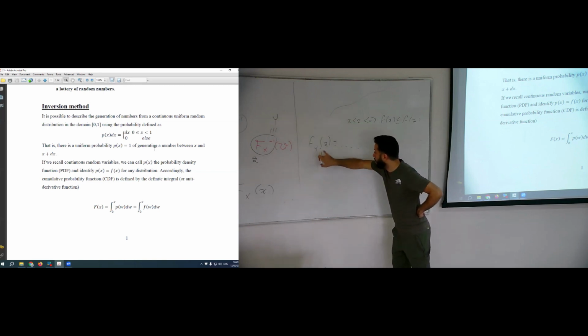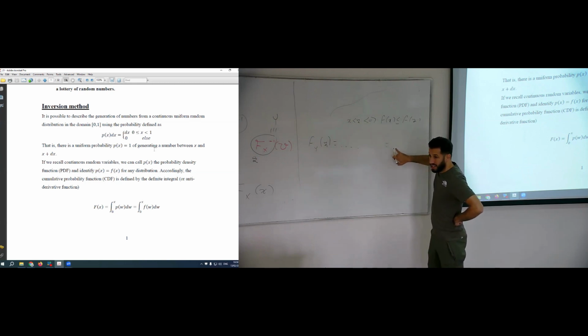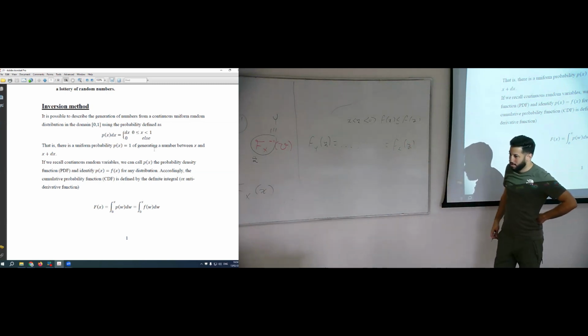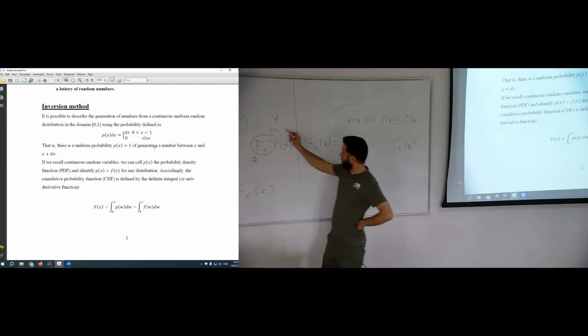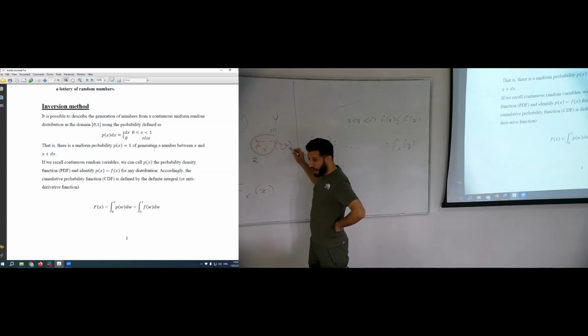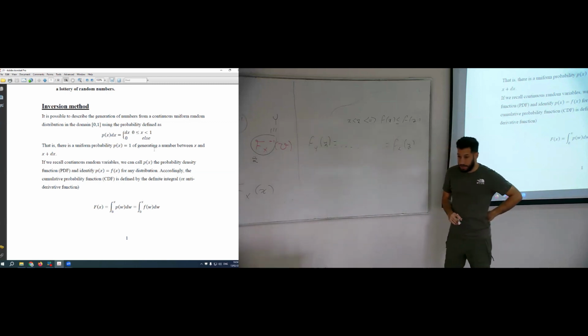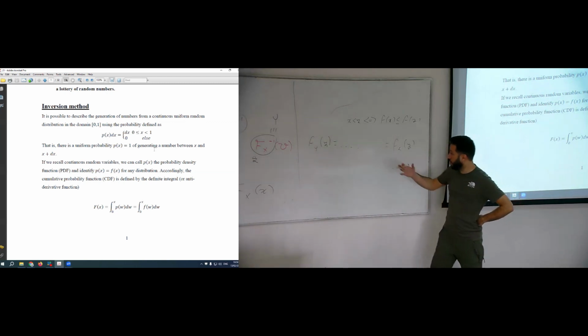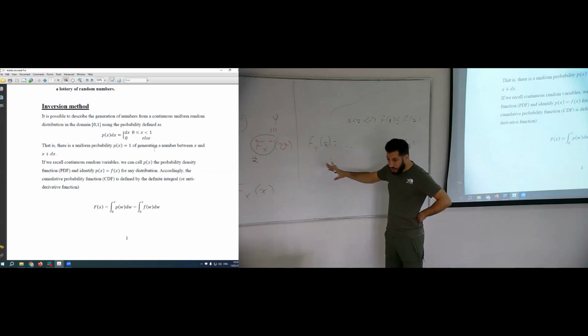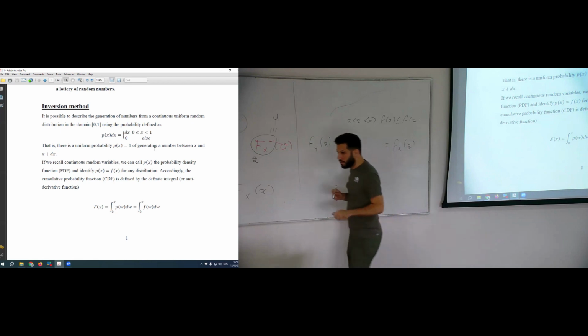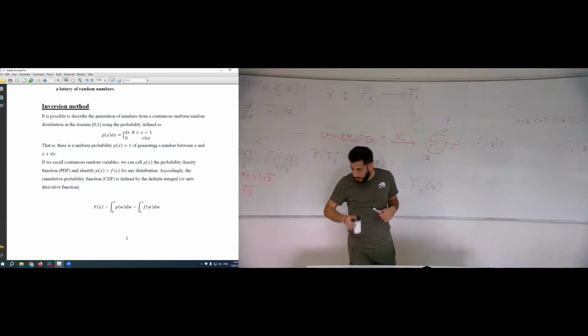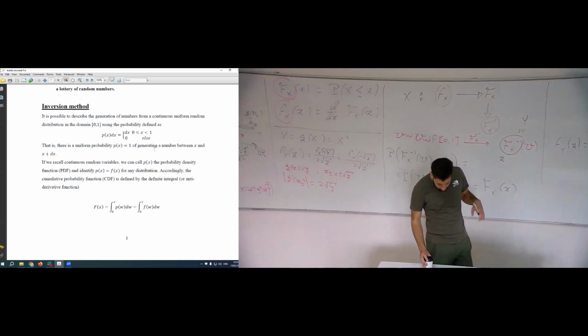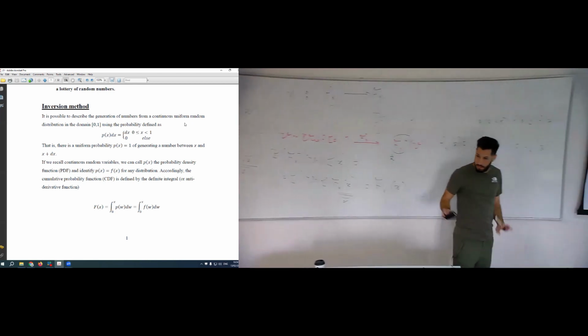I want you to prove that fY of y using the theorem is fX of y. That's what you have to prove, because that means that this thing that you produce has a PDF like fX. The density function of it at some point is the density function of X at that point. Okay?